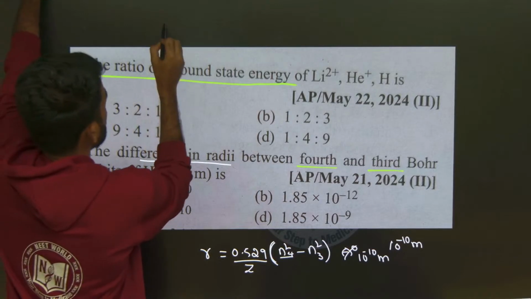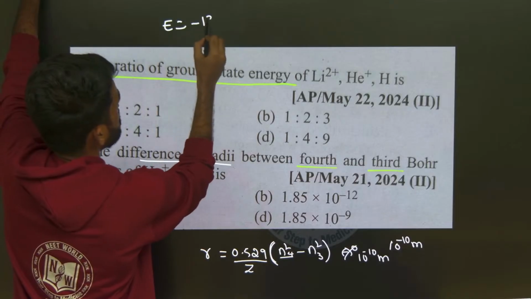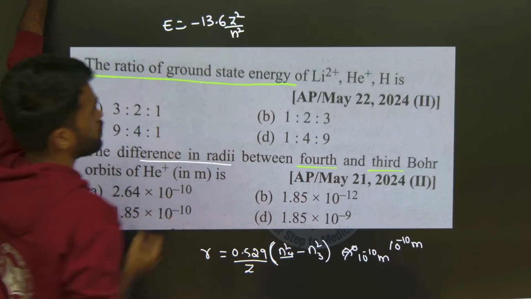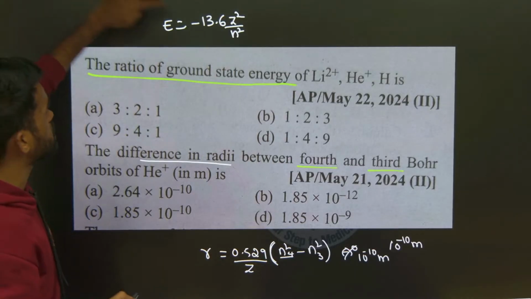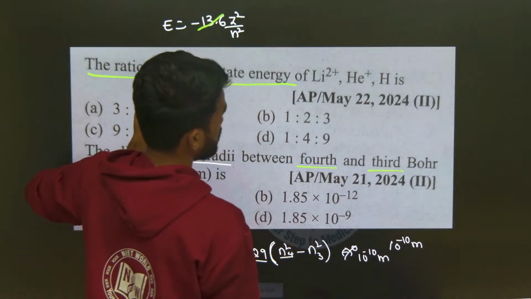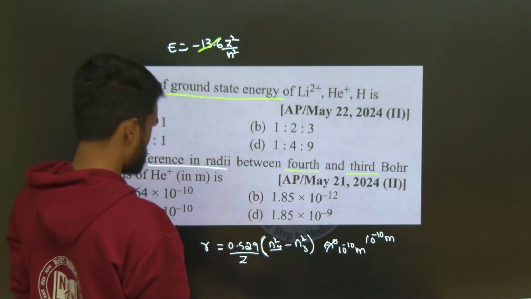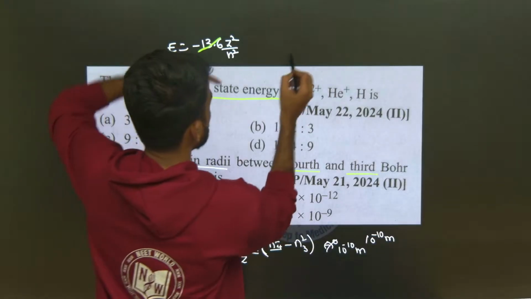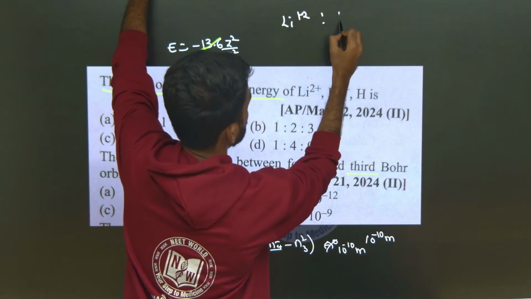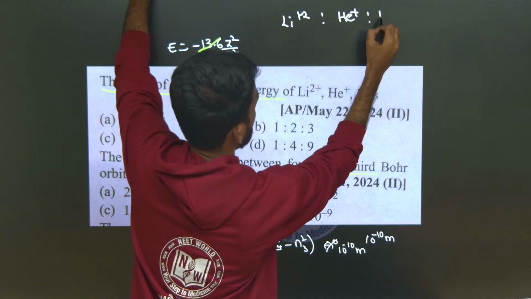See what we know, energy formula: minus 13.6 Z square by n square electron volt per atom. Okay, so this 13.6 is common in every case, lithium, helium, everything, because it is a constant. Now take only the ratio of lithium plus 2, helium plus and hydrogen.